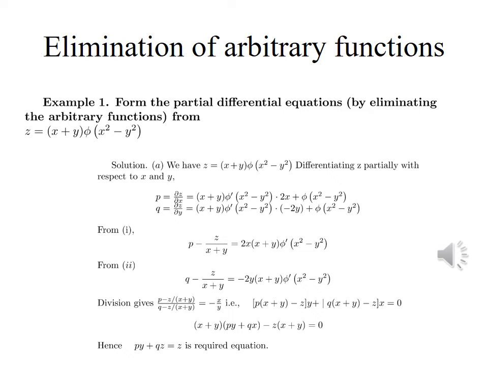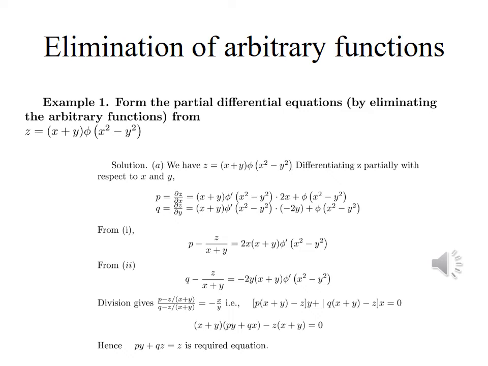So we get two equations when you partially differentiate with respect to x and y. Now here we use the given equation and find phi of x square minus y square equal to z divided by x plus y. So we use that.